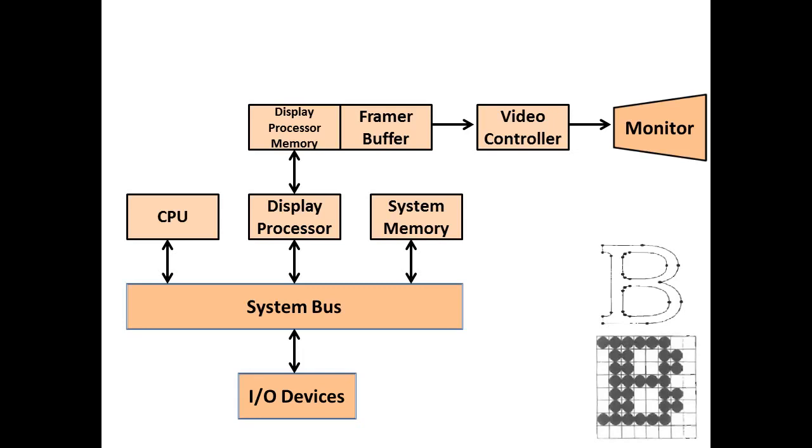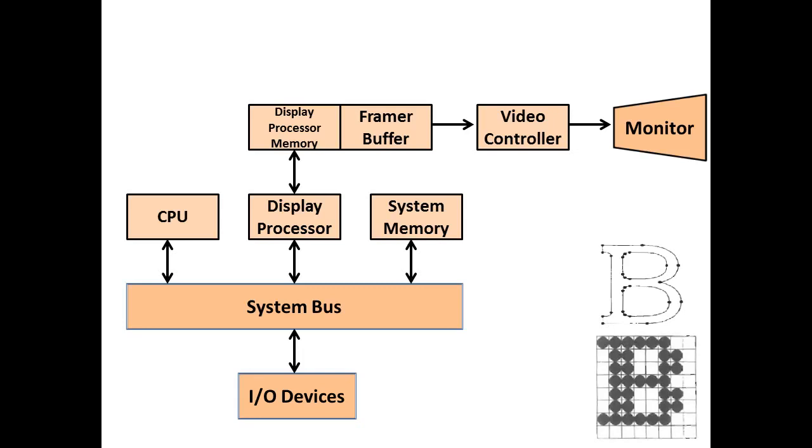In addition to the system memory, a separate display processor memory area can also be provided. A major task of the display processor is digitizing a picture definition given in an application program into a set of pixel intensity values for storage in the frame buffer.